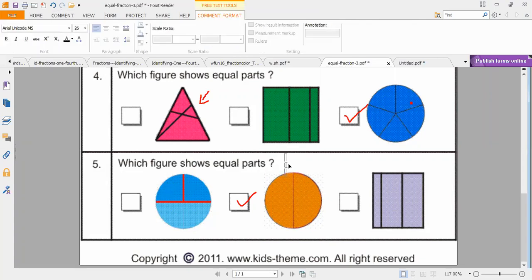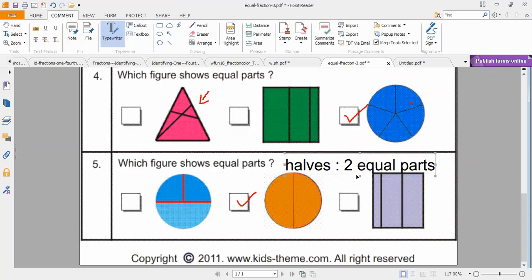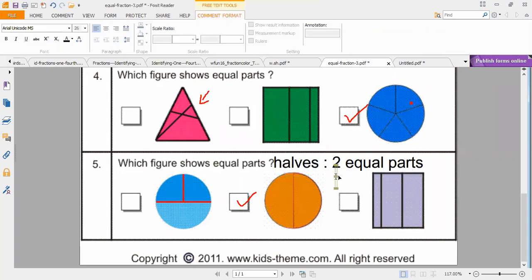We said halves means two equal parts. Yeah. So we have to find the shape with two equal parts. Let's start with the first one. How many parts here?